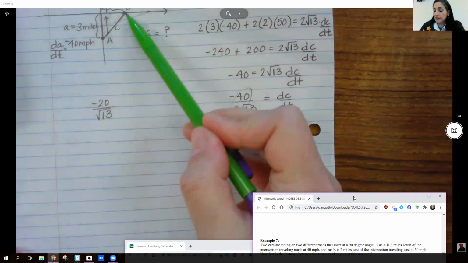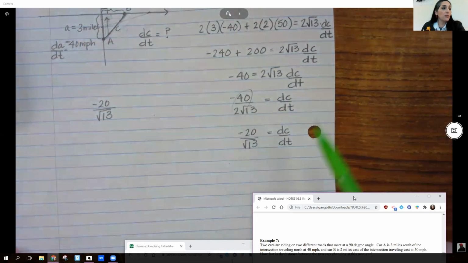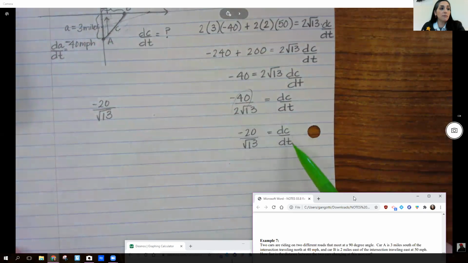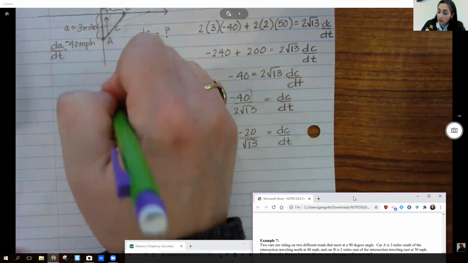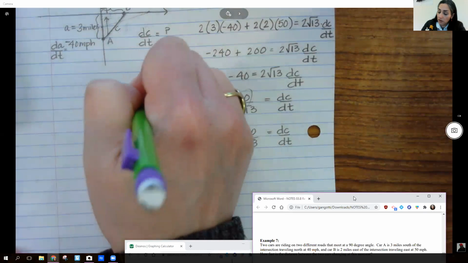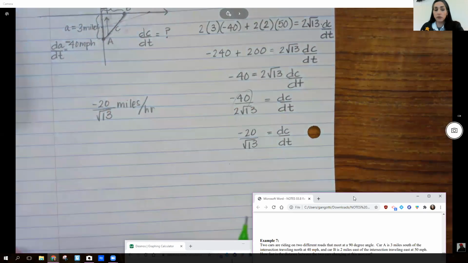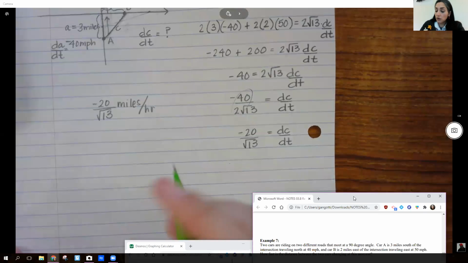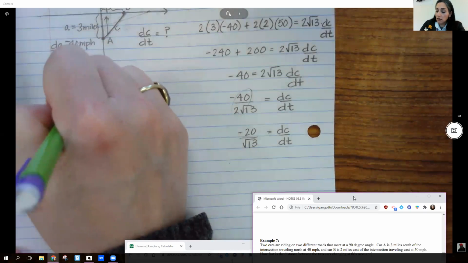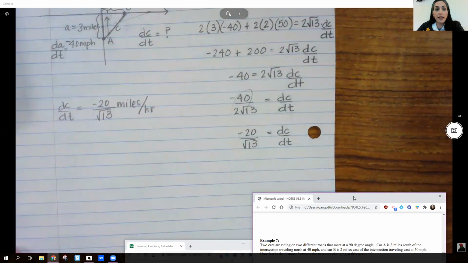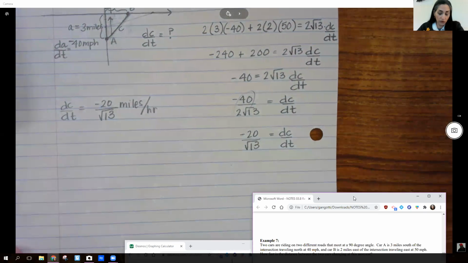And this is a distance, and it's a rate of the distance per time. So this is going to be miles per hour. Or if you just want to put mph, that works too. Okay. So dc dt is changing at negative 20 over root 13 miles per hour.